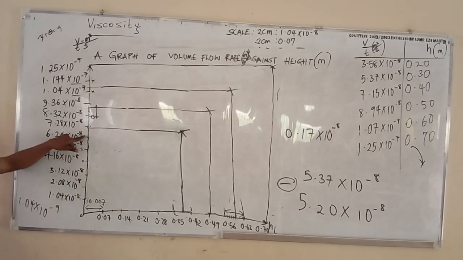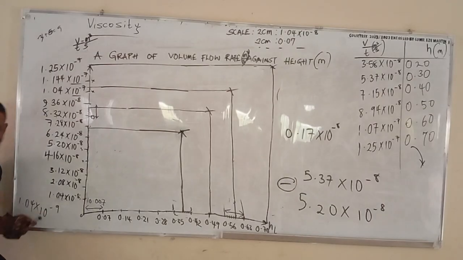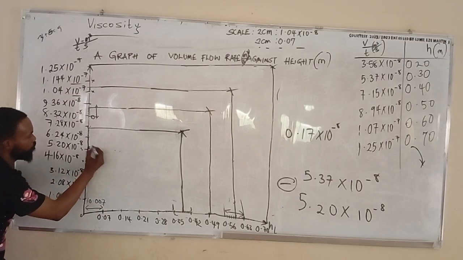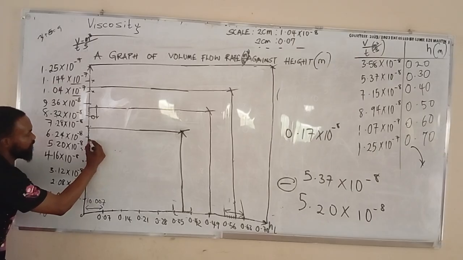What we know is that each line in between this is existing.